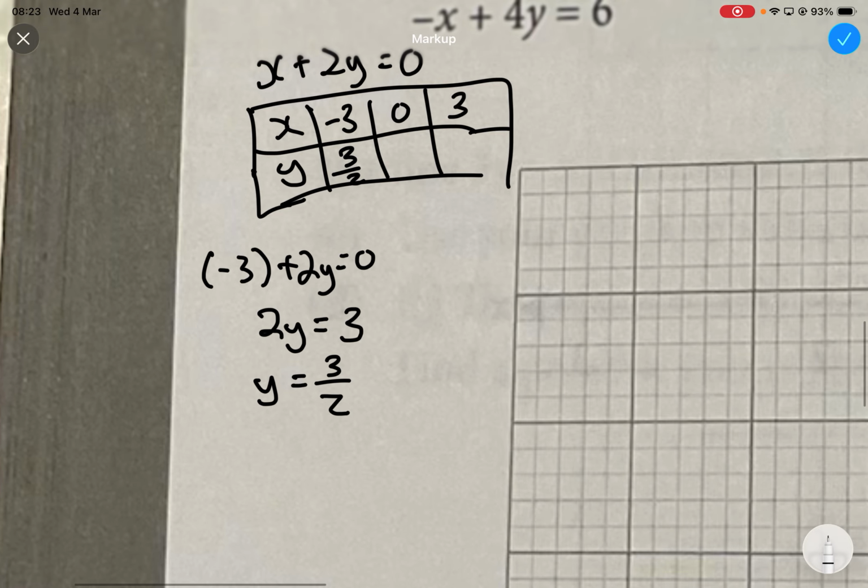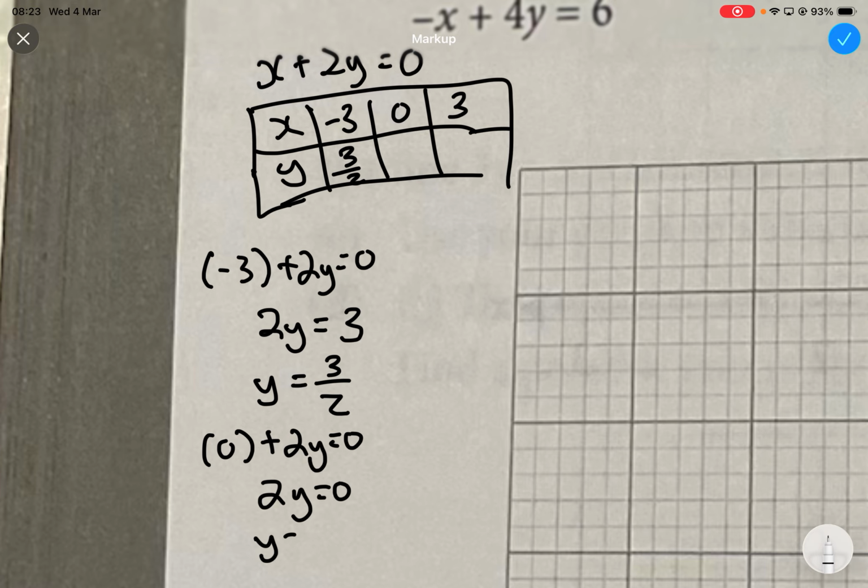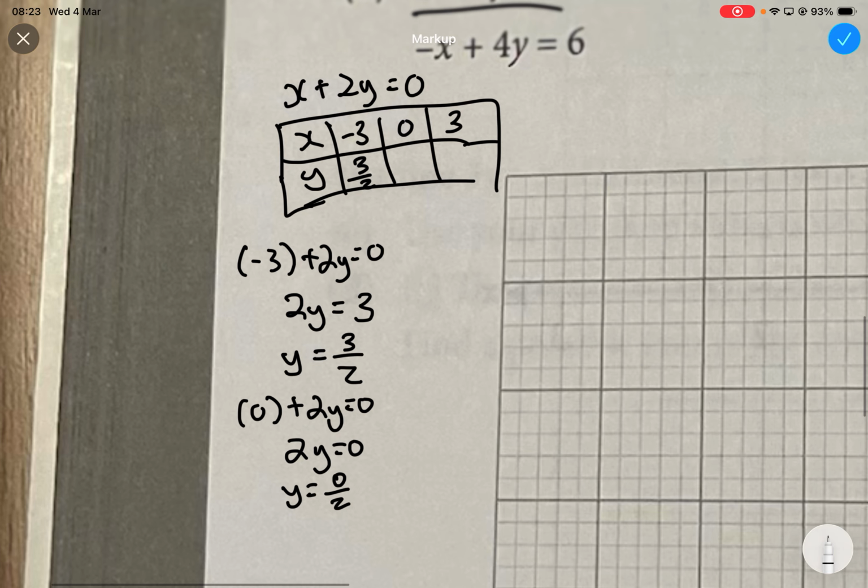Then if I want the value of y when x equals to 0, I substitute x equals to 0 into the equation. 2y equals to 0, y equals to 0 divided by 2, y also equals to 0. So when x is 0, y also 0.